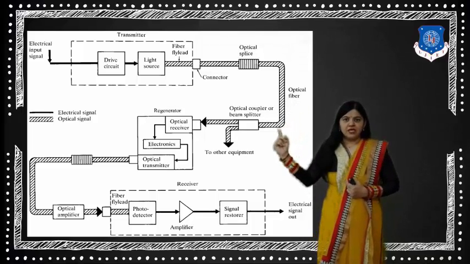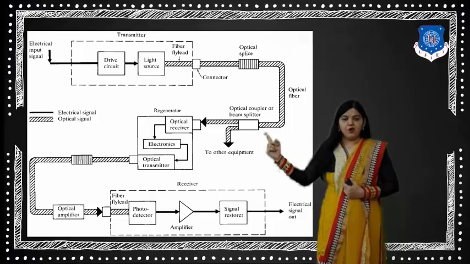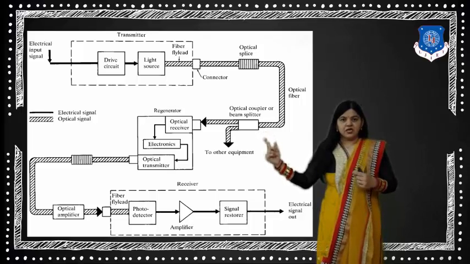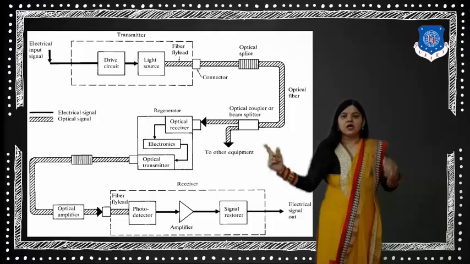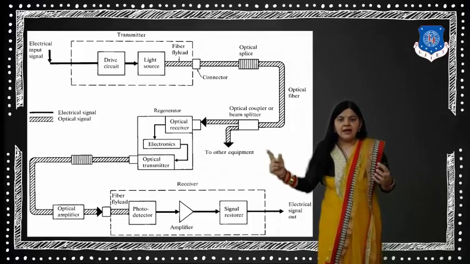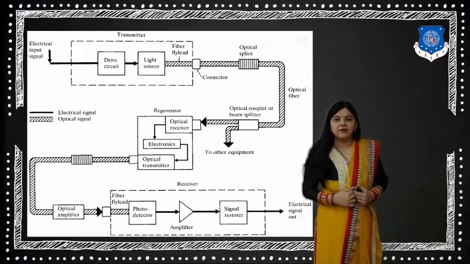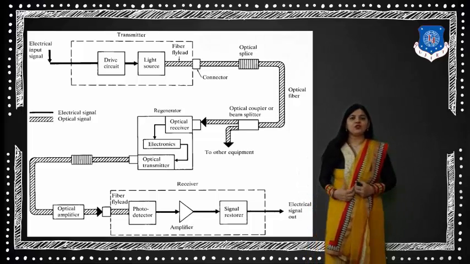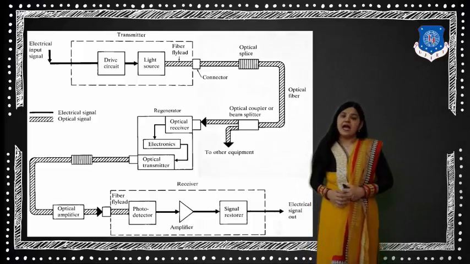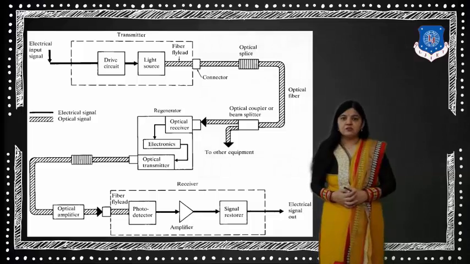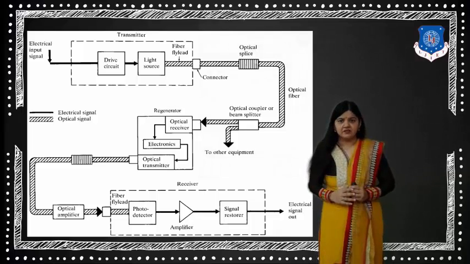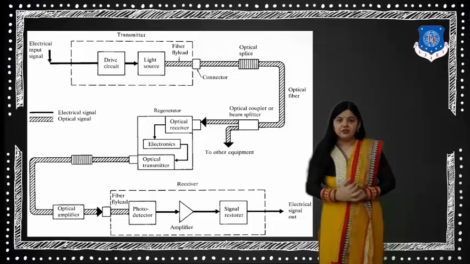Now via this optical fiber, sometimes we want to couple the signal and give it to other equipment. So we need to use a splitter, which will split the signals and give them to the optical receiver.